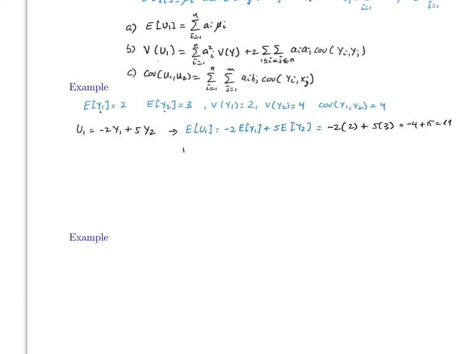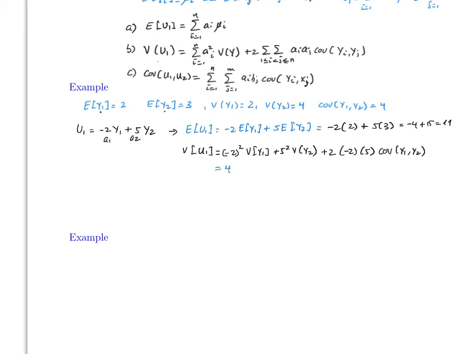Now if we find the variance of U1, this will be minus 2 squared times the variance of y1, plus 5 squared times the variance of y2, plus 2 times negative 2 times 5, because remember this is a1 and this is a2, times the covariance of y1 and y2.